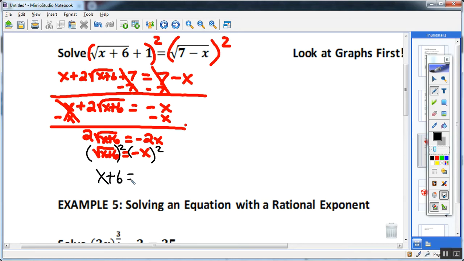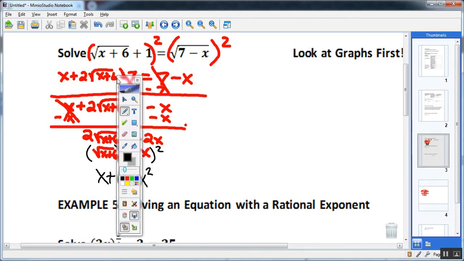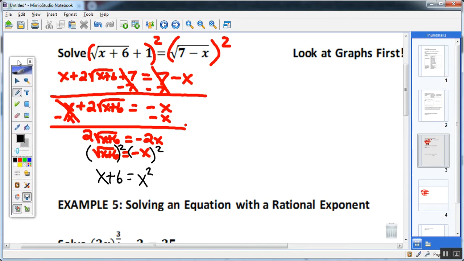How about negative x times negative x? Wouldn't that just be a positive x squared? Ooh, so we're at that point where we're working with quadratics again, aren't we? All right, so quadratics are only going to work when we have the form ax squared plus bx plus c equal to what value? 0.